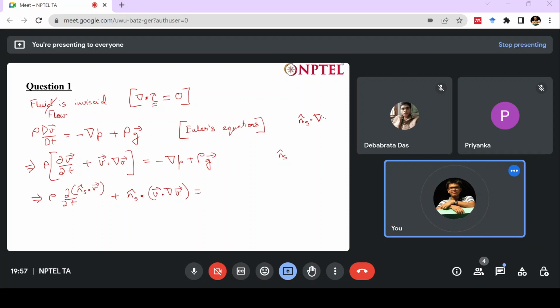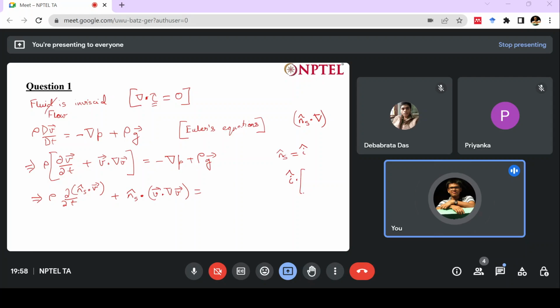To find out what this is, the best way to understand is to ask what will happen if n cap s is equal to i cap, because this is also a unit vector. It might just as well happen that i cap is actually the direction of the streamline. So if it would have been i cap, you see, i cap dot grad.